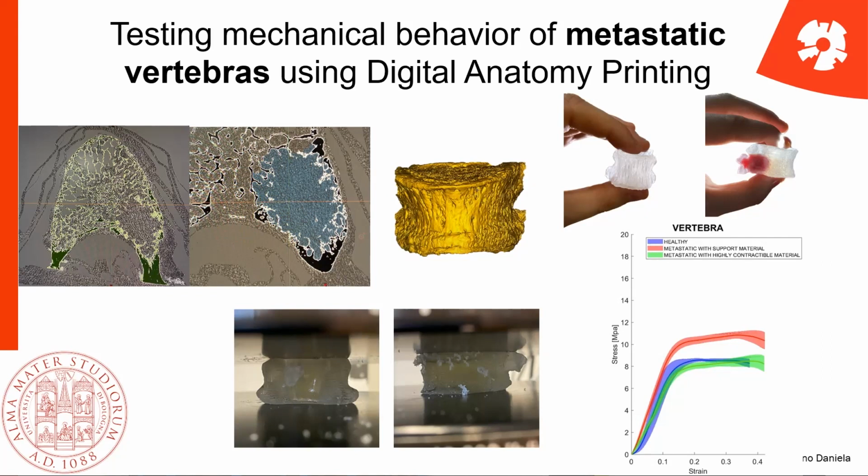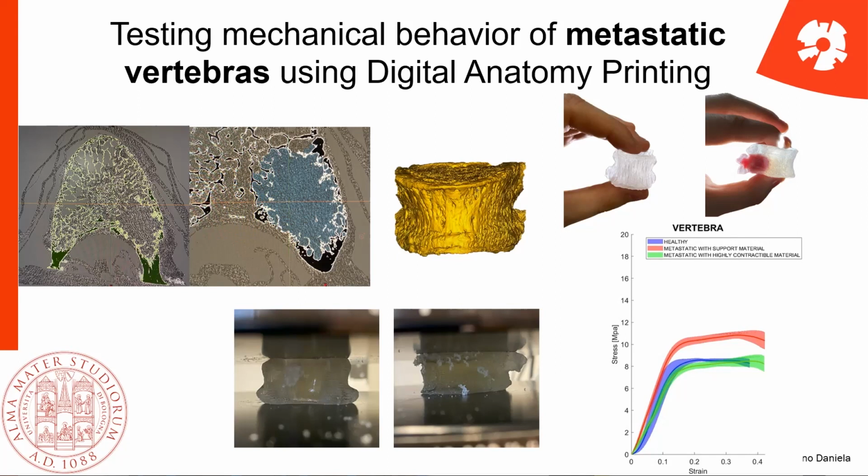The results are very promising because the 3D printed models seem to be very fitting to distinguish metastatic vertebrae from healthy ones. The advantage of having 3D printed models that can represent mechanical properties is, first, that you can do tests that otherwise would not be repeatable. And secondly, you can use those models to simulate pathologies that otherwise you would not be able to.